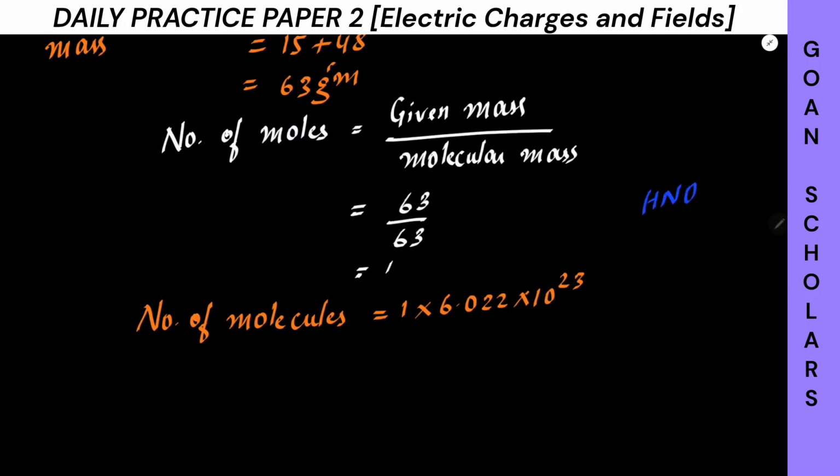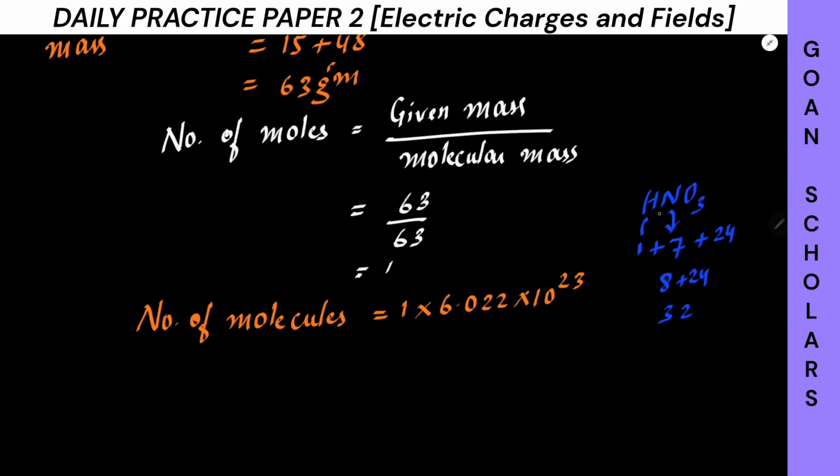So in HNO3, let's see how many electrons are contributed by which atom. Hydrogen contributes 1. Nitrogen, atomic number 7, so 7 electrons. Oxygen is 8, and there are 3 atoms, so 8 times 3 is 24. 7 plus 1 is 8, 8 plus 24 equals 32. 32 electrons are there in each molecule of HNO3.